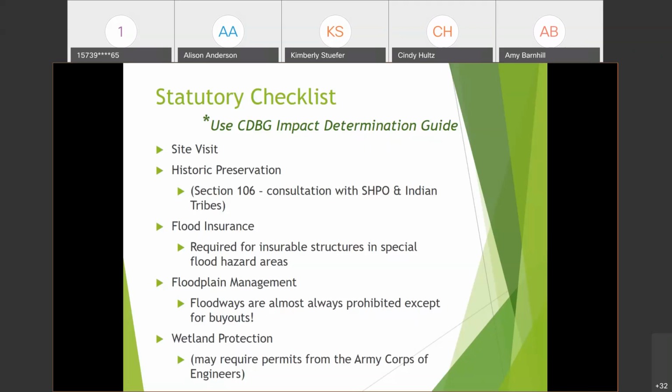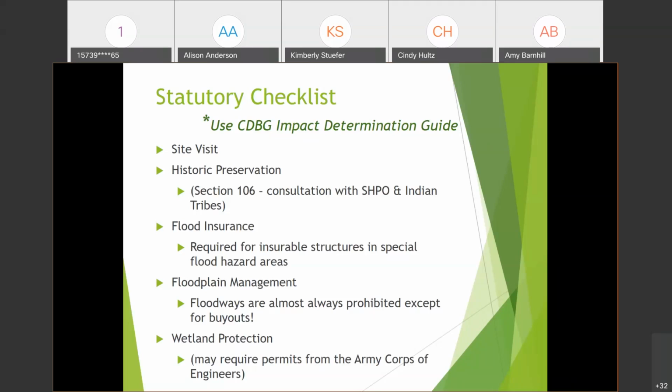And when you have maps for these items, there are several of these items where you want to print off a map. The map should be in color, and it should have the boundaries of the project site identified, so you might have to draw it on there somehow.